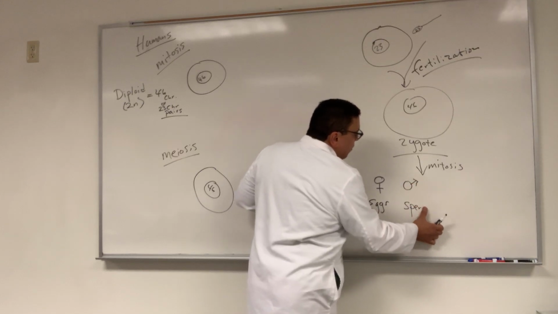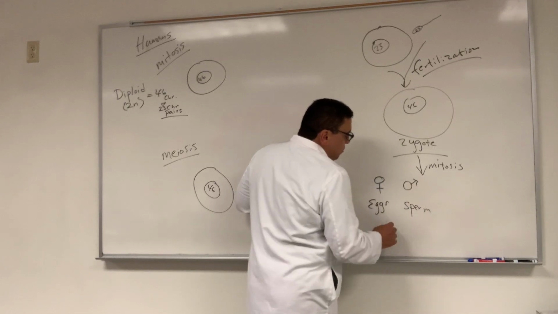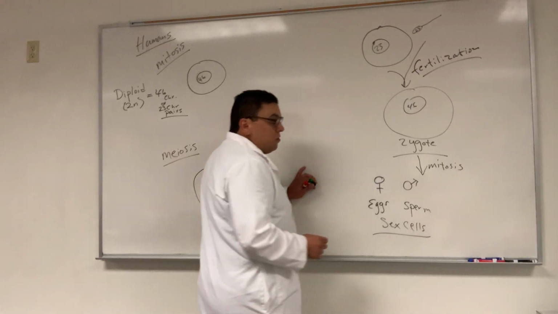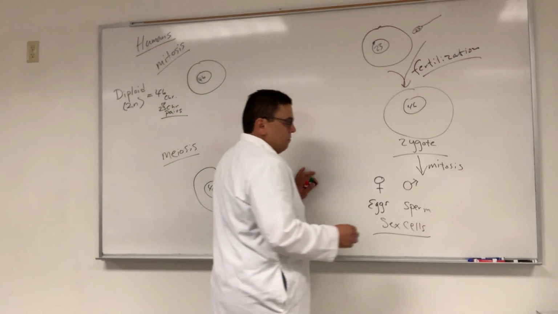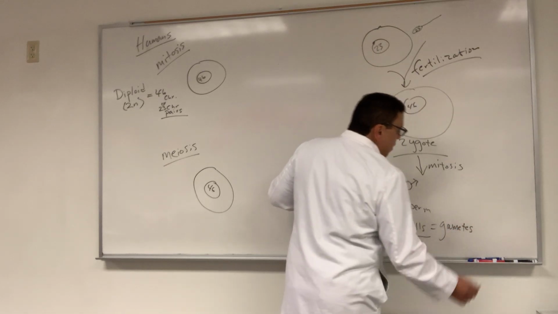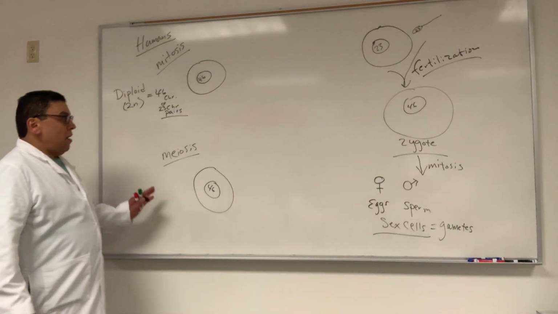So at the point of puberty, you will be producing what's called sex cells, which is also called gametes. That is by meiosis.